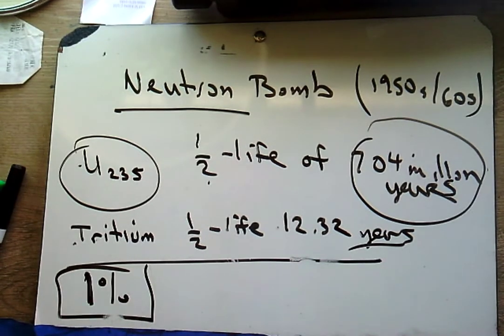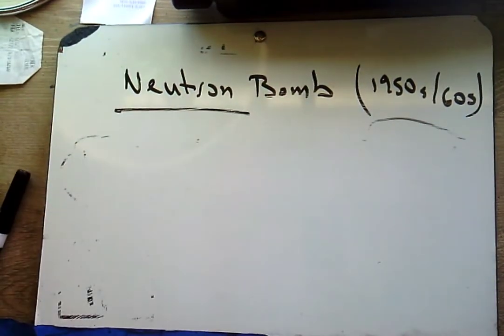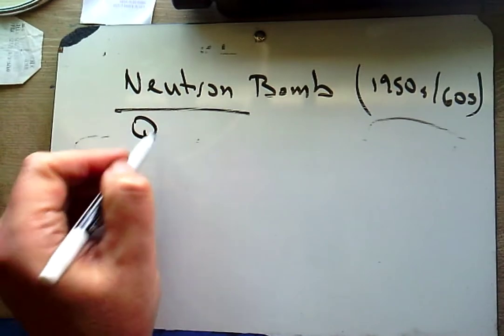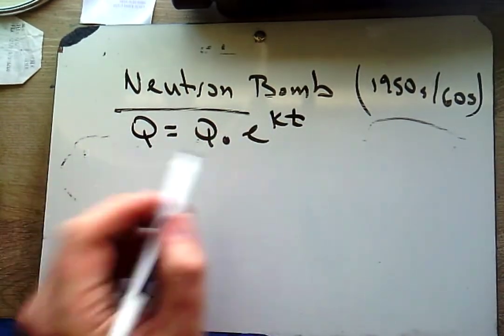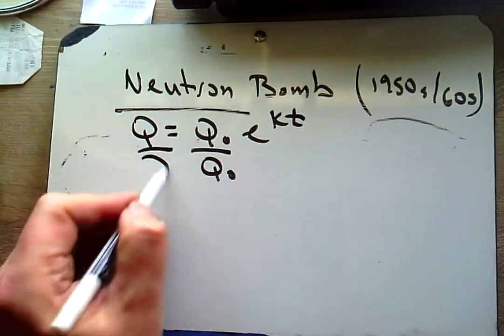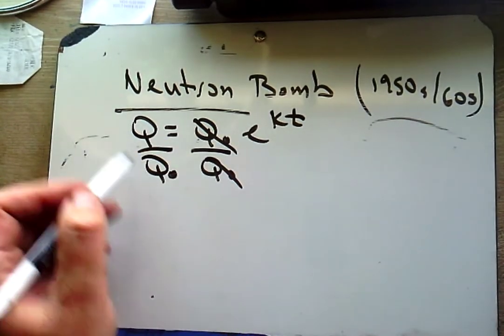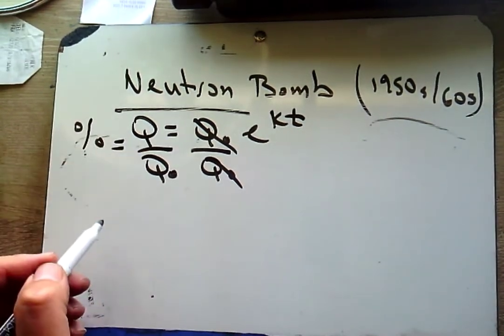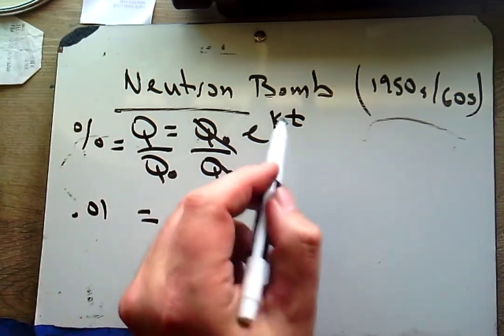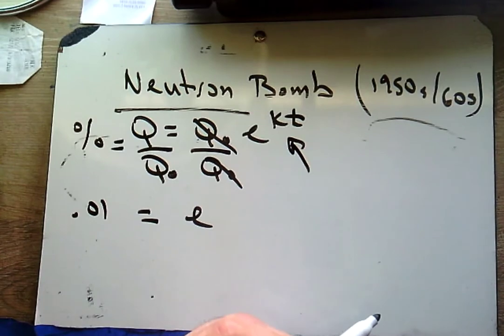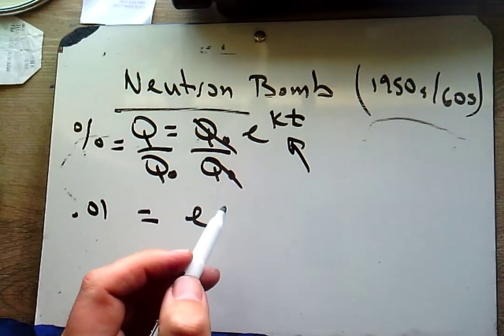Okay? All right. So now, believe it or not, this should not take you a long time. Here's how I know that. If I'm using Q equals Q sub O e to the kt, and I remember that Q over Q sub O is percent, then I can say 0.01 equals e to the, what's our shortcut for the k in half-life problems?